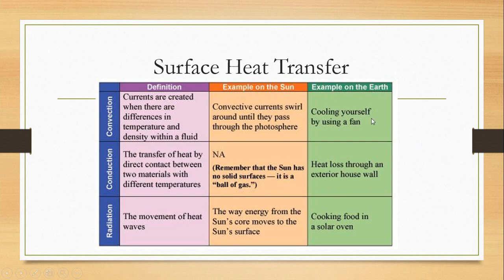For example, convection, cooling yourself by using a fan. Conduction, heat loss through an exterior house wall, most of us familiar with this. And then radiation, cooking food in a solar oven, or even a microwave. That's a type of radiation. So heat can be transferred via methods like that.